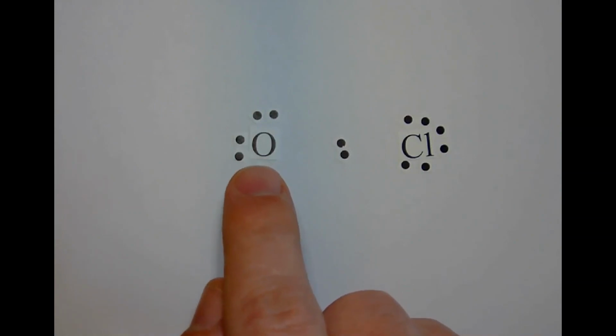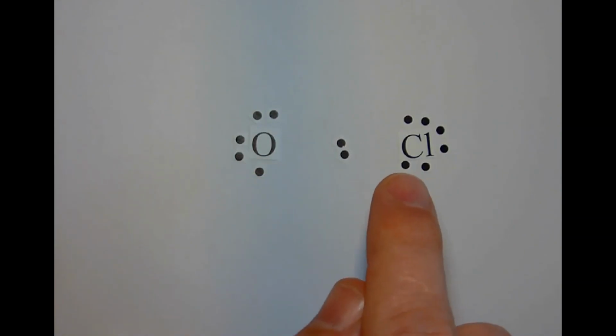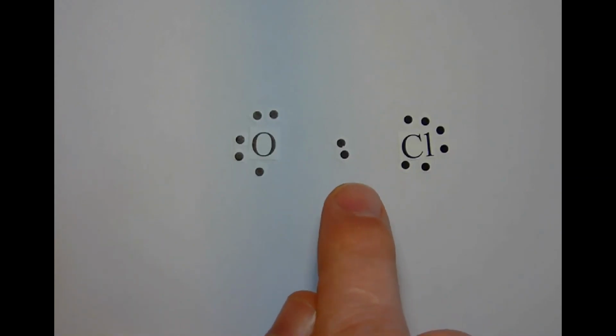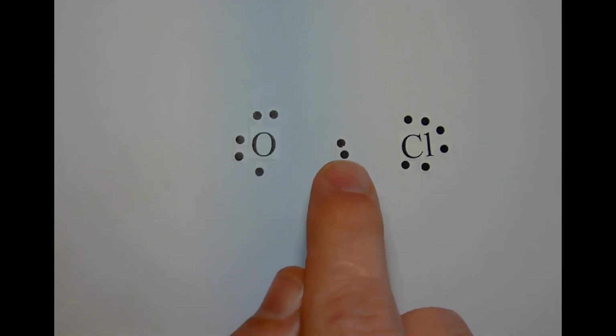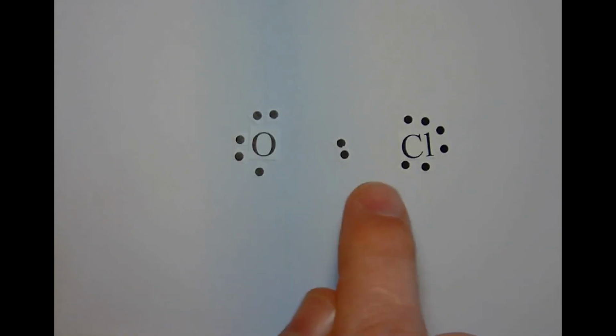While it is true that oxygen has ever so slightly a higher electronegativity value compared to chlorine, it is not significant enough to make the bonded pair of electrons spend more time around oxygen when compared to chlorine.